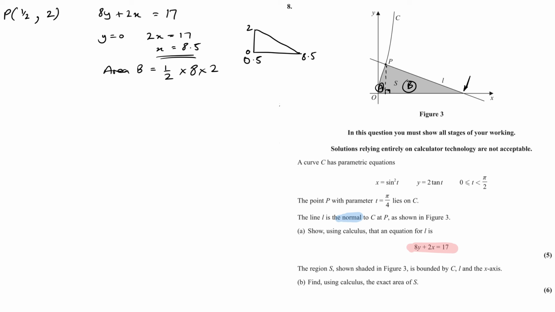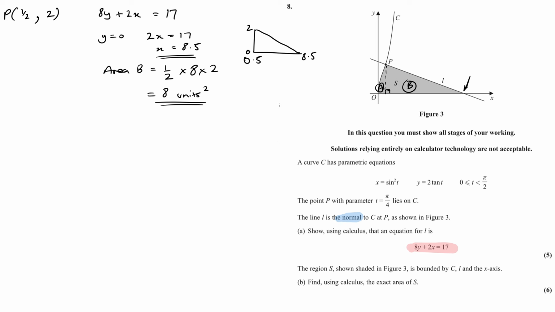We get that just from the coordinates. P's coordinate is where we're starting, a half along the x, and then 2 on the y. So that's just going to be 8 units squared. So we've got area B straight away.